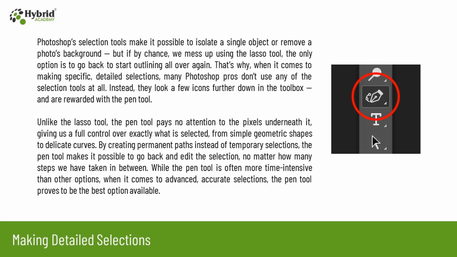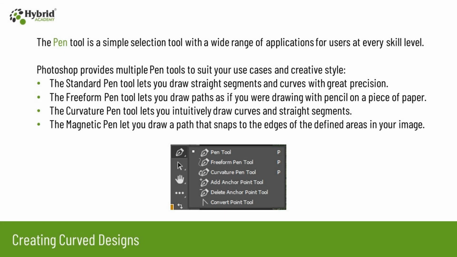While the pen tool is often more time intensive than other options, when it comes to advanced, accurate selections, the pen tool proves to be the best option available. The pen tool is a simple selection tool with a wide range of applications for users at every skill level. Photoshop provides multiple pen tools to suit your use cases and creative style.